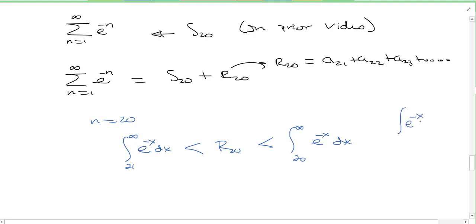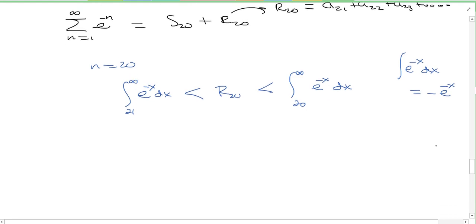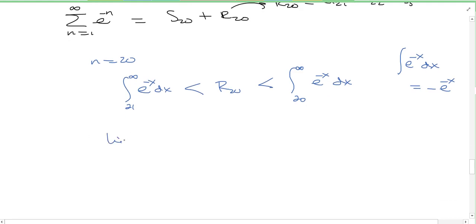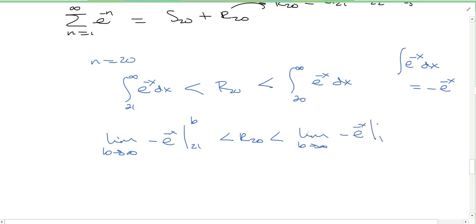We know the integral of e to the minus x dx is negative e to the minus x, so let's put that in here, using my improper integral notation from 21 to b and from 20 to b.